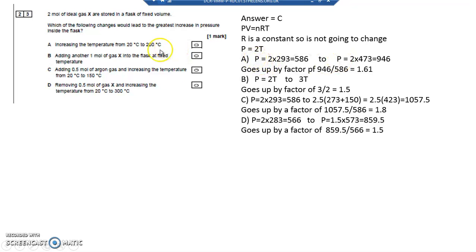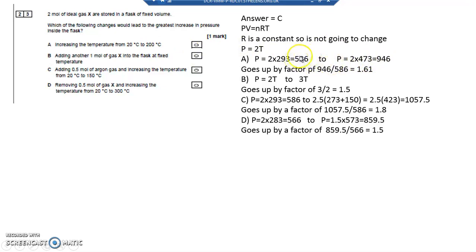So let's have a look at A, increasing the temperature from 20 to 200. So my pressure is 2 times 293, because 20 degrees C is 273 add 20, so turn it into Kelvin. Remember, temperature's got to be in Kelvin in this equation. 2 times 293 is 586, and the new pressure is 2 moles multiplied by 473, because 273 add 200 is 473, giving 946.